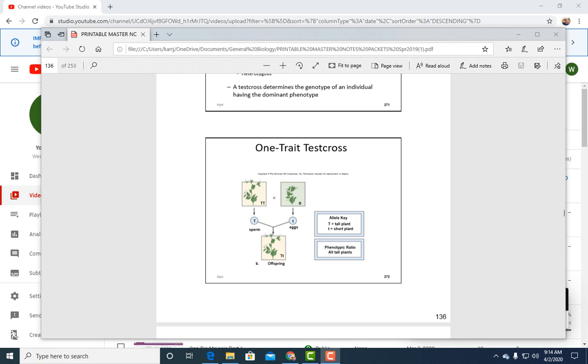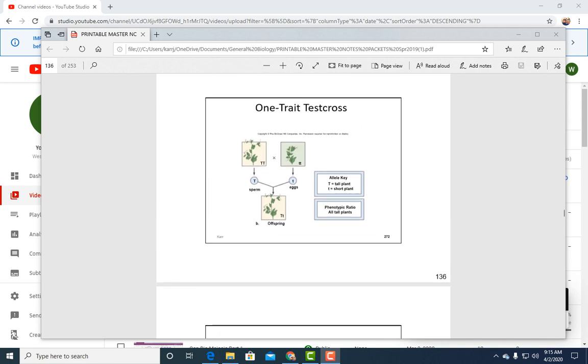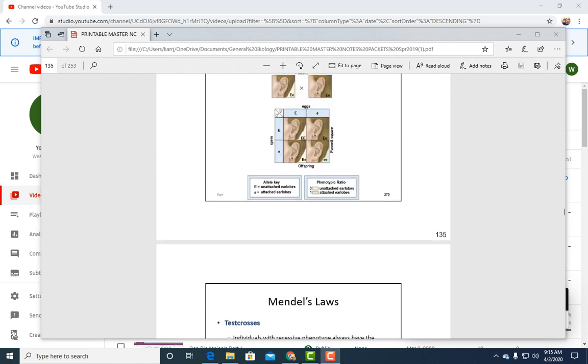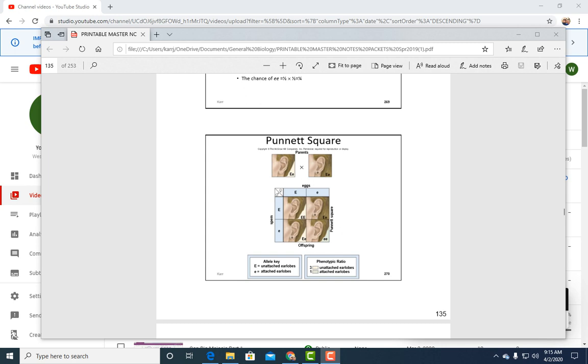So in a test cross, if the individual is homozygous dominant, you're going to see all tall offspring in that F1 generation. However, if they are heterozygous, then like in this case, we're going to see some offspring that are exhibiting the recessive trait.